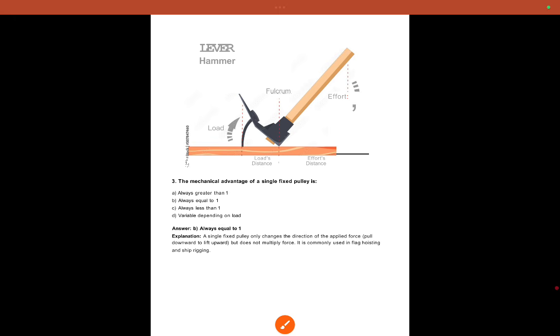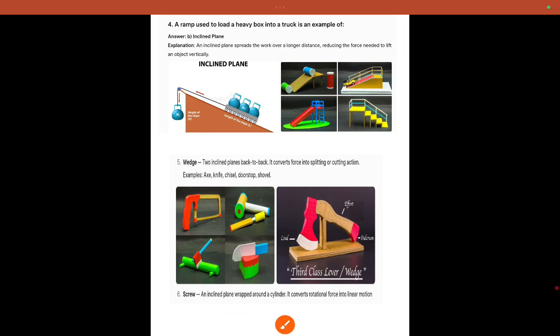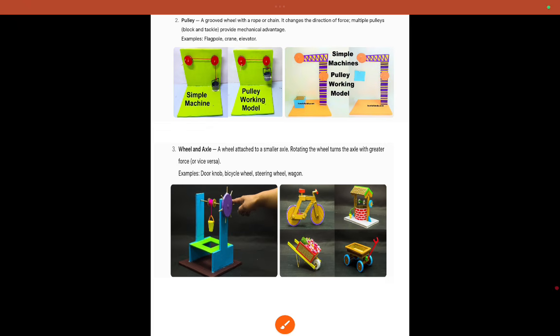And the sixth one is the screw. So we have six classical simple machines: lever, inclined plane, wedge, screw, pulley, and wheel and axle.